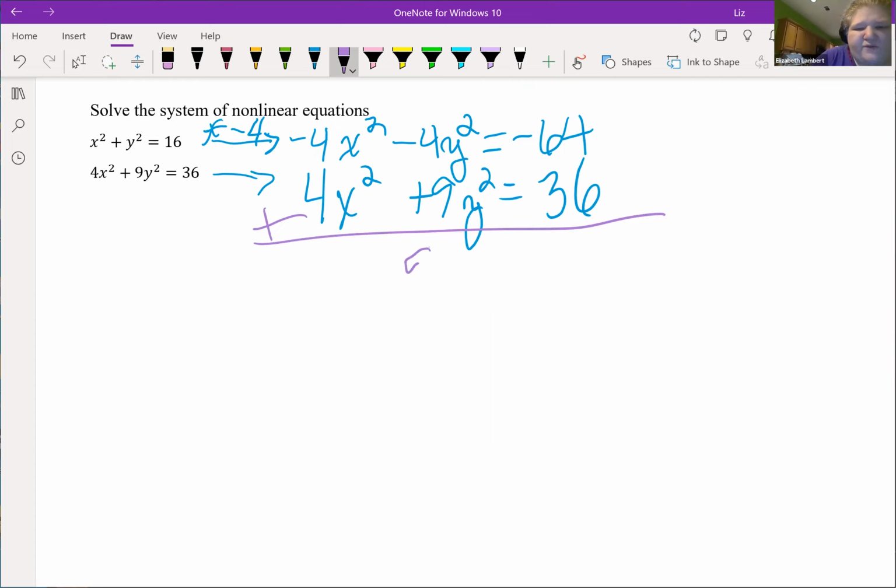The y's, we're going to have 5 of them, 5y squared. And then over here, 64 is negative. 36 is positive. So 36 minus 64 is going to give us a -28.